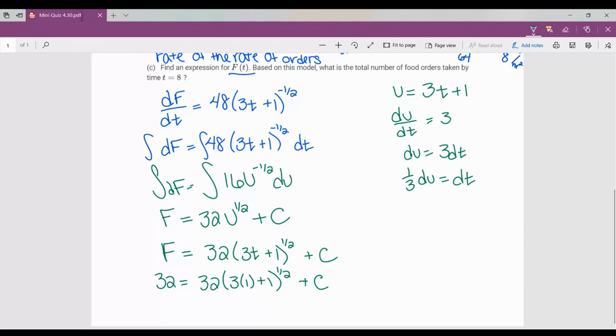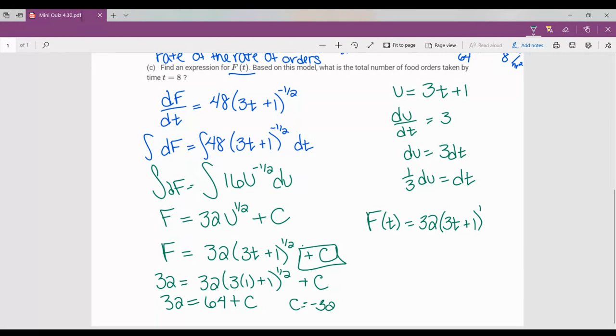That's the square root of 4, which is 2. 2 times 32 is 64 plus c equals 32. So my c is going to equal negative 32. So I'm going to plug that in right to that c. So my equation is f of t equals 32 times 3t plus 1 to the 1/2 minus 32. That is my equation for f of t.